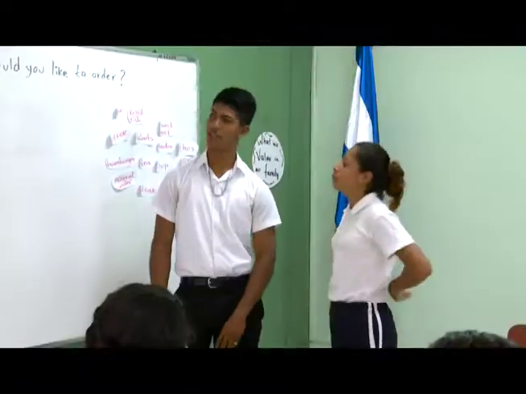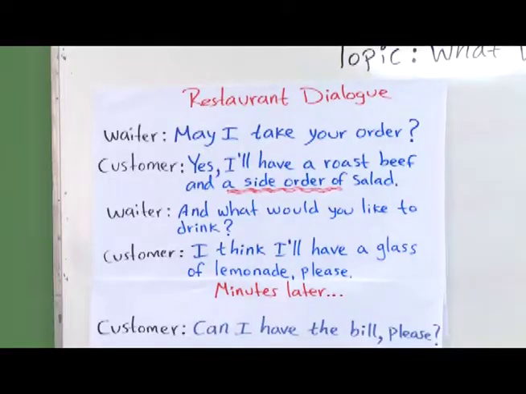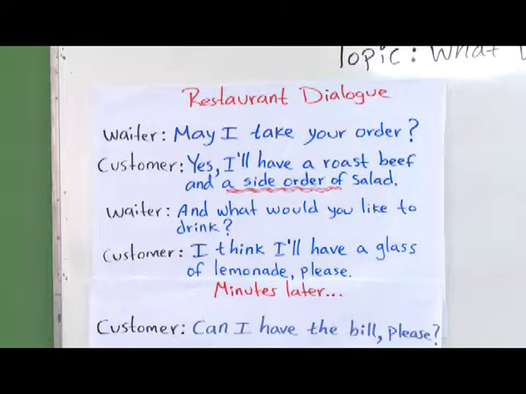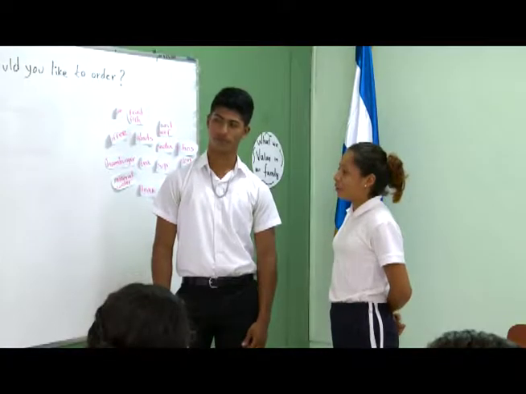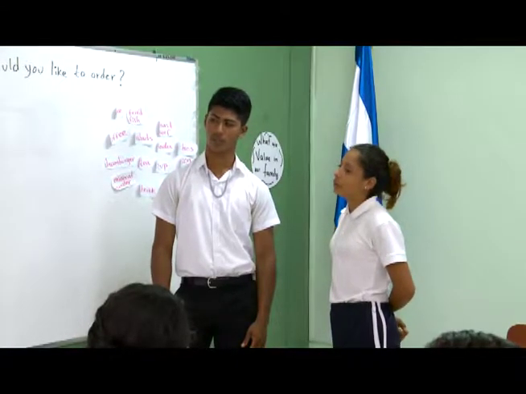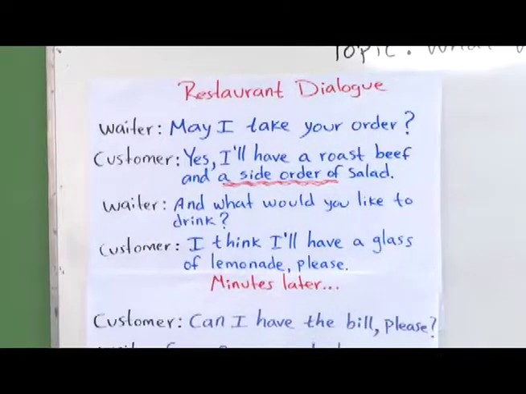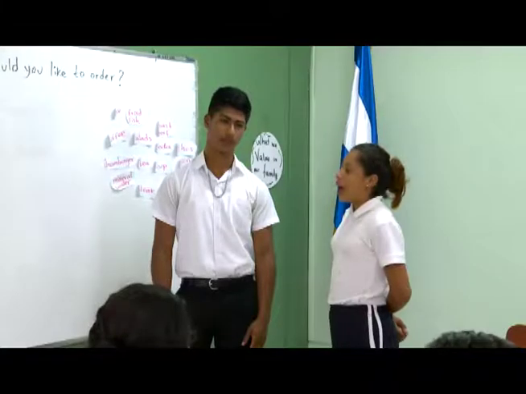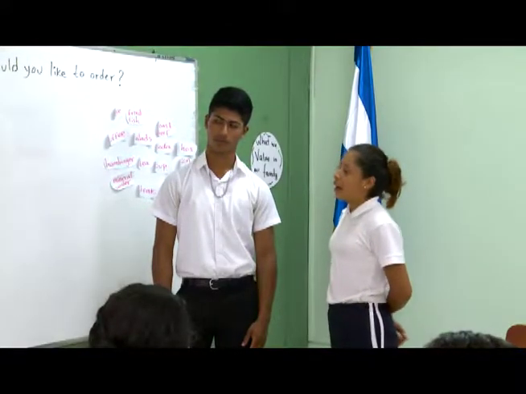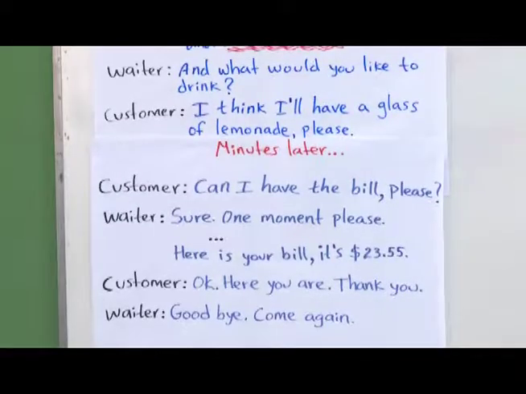May I take your order? Yes, I'll have a fried fish and a side order of salad. Okay. And what would you like to drink? I think I'll have a glass of tea, please.